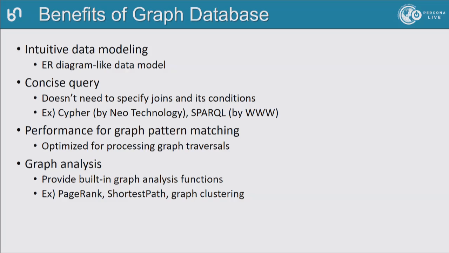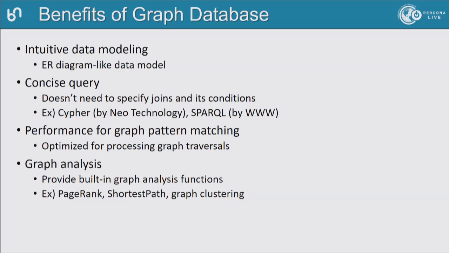And the graph database provides a very concise query language like Cypher and Sparkle. Queries are described using graph patterns. So we don't need to specify any join in a graph query. As a result, the query can be concise and easier to create and maintain.